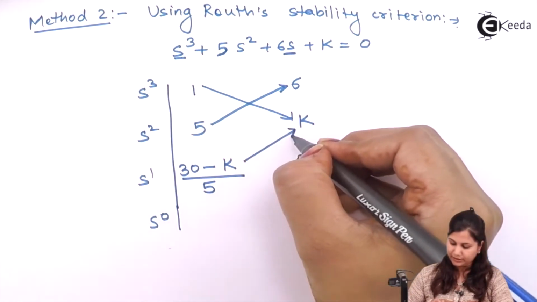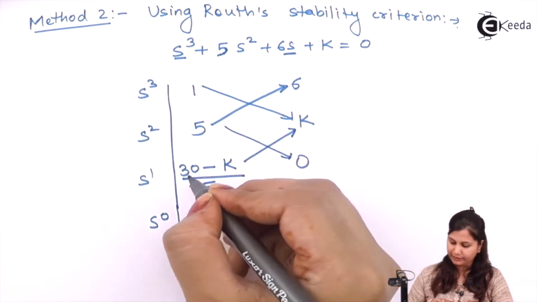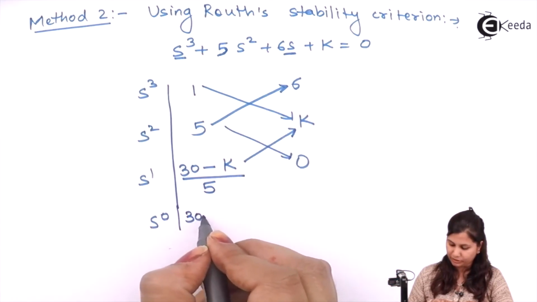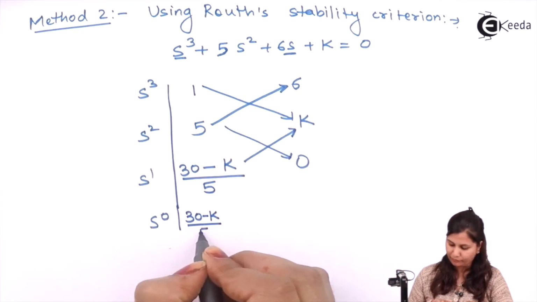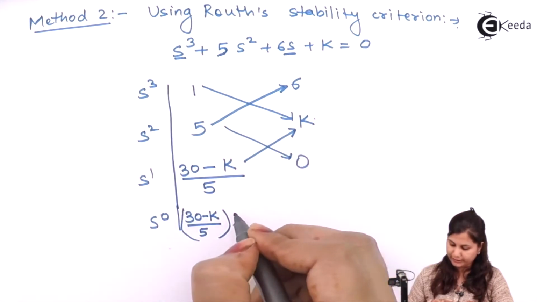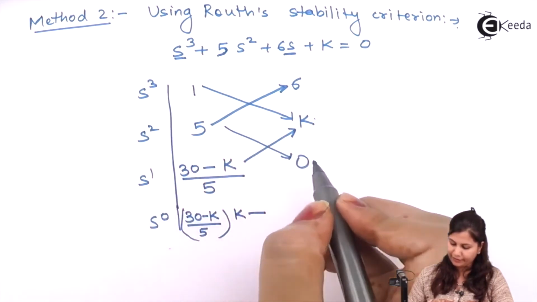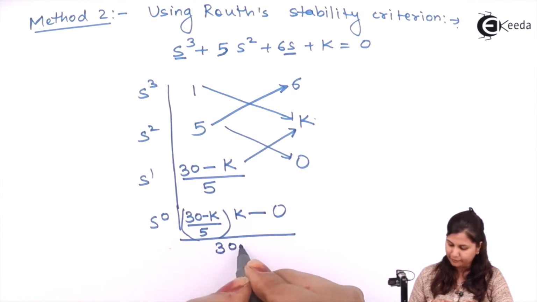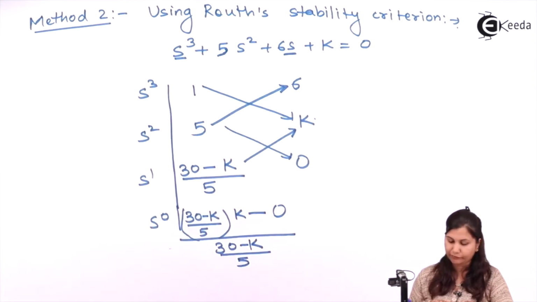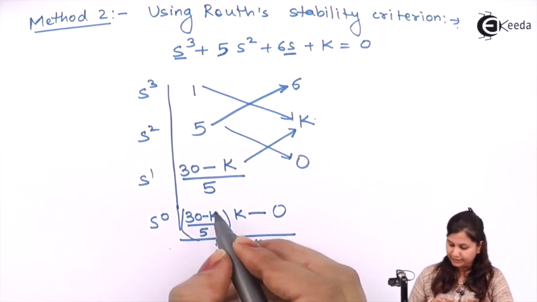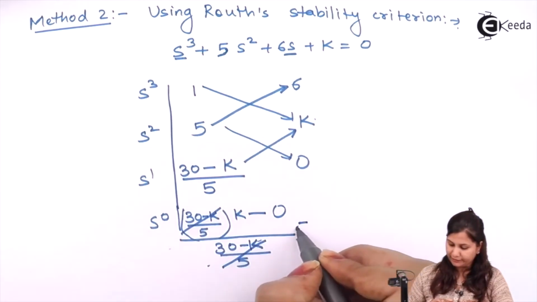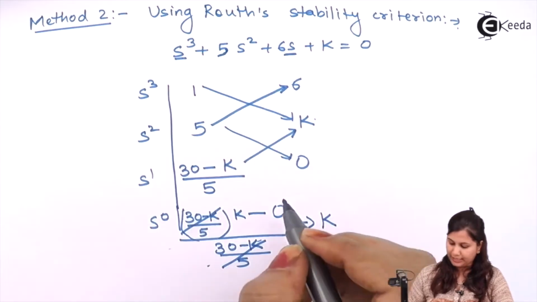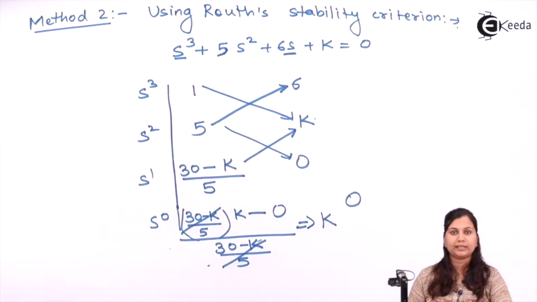Multiply this with this minus this divided by this. So we have (30 minus K) upon 5 into K minus 5 into 0, which is 0, divided by (30 minus K) upon 5. So this and this will cancel out. So we are left with K only, and the other coefficient will be 0.